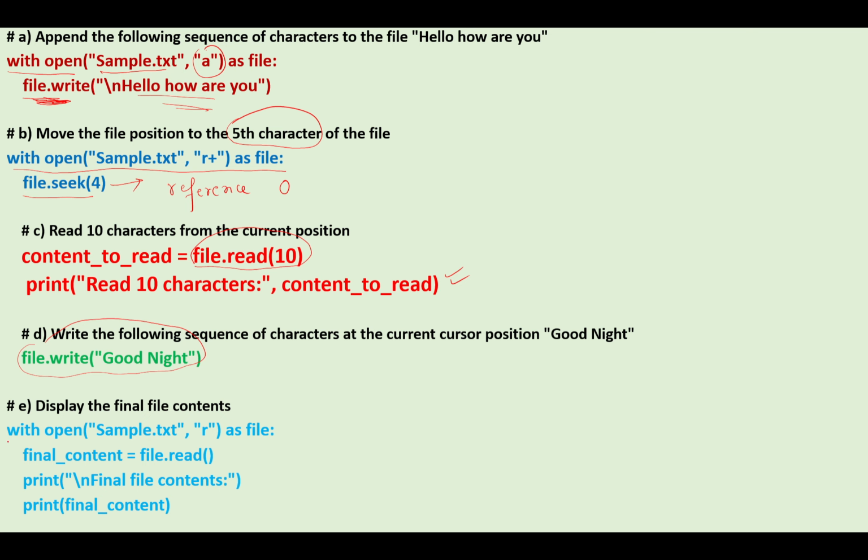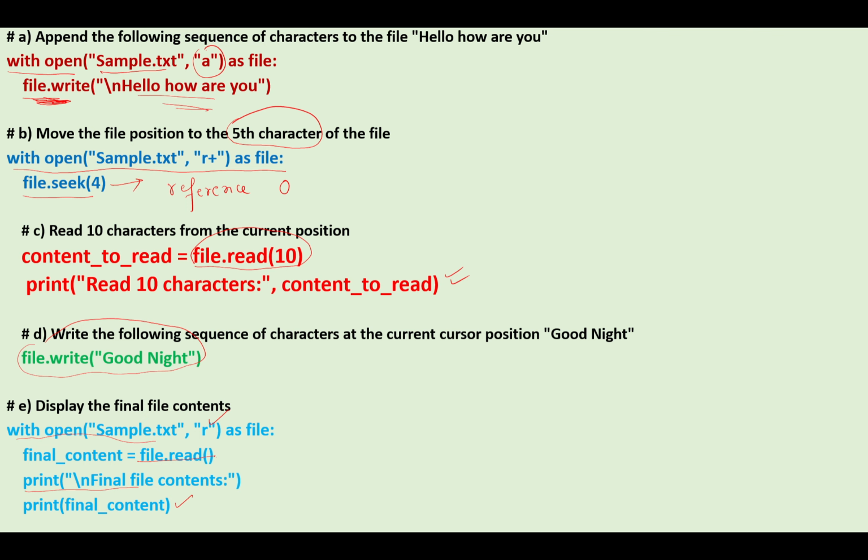With open, first we open our file in read mode, and after that we read all the lines, and we have to write print with \n. We read all these lines, and after that we display the final content of my whole text file. So this is all about displaying the final content of the file.